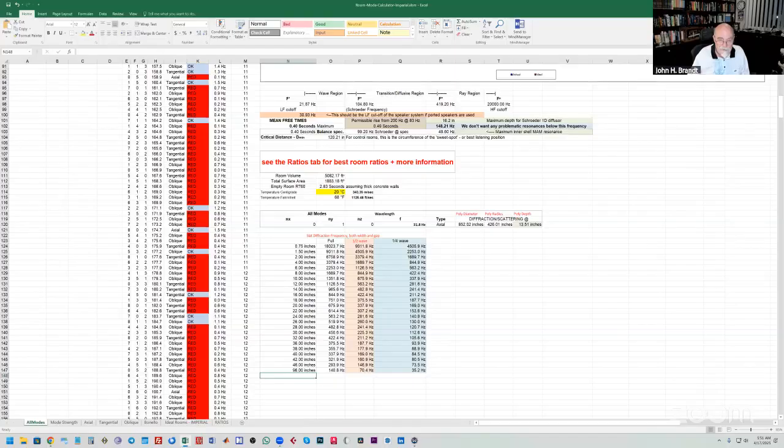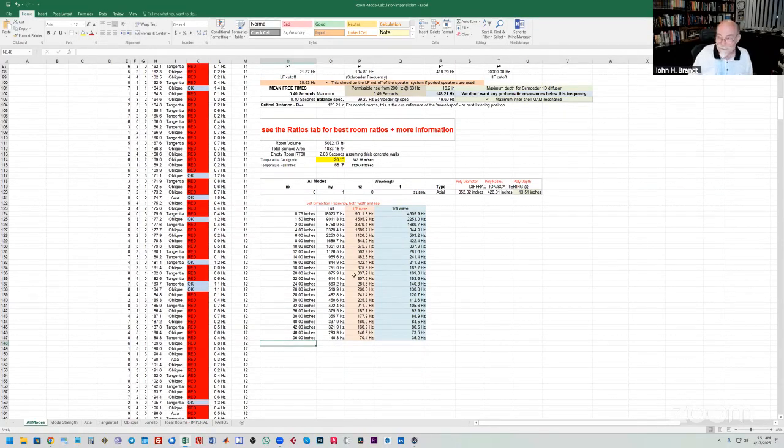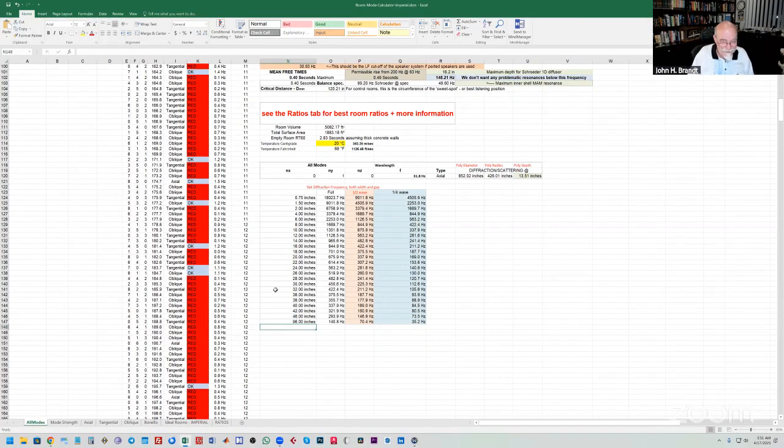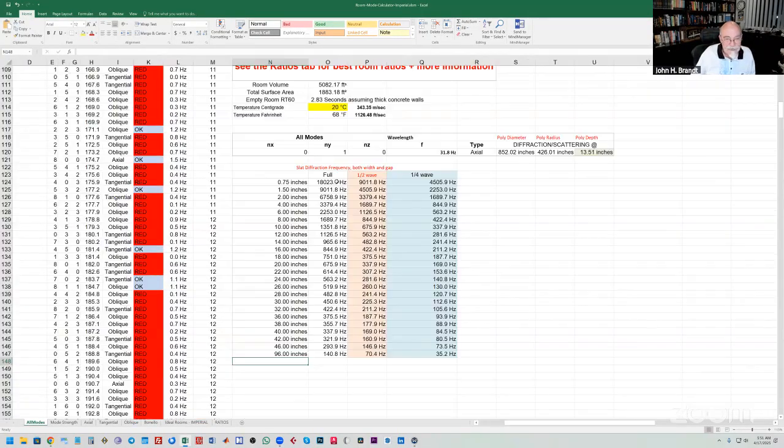Okay. Well, I'm going to share my screen here. Here's my little list. Say hello to my little friend. This has the calculations in it. Here's the full frequency. You take the speed of sound times the length or the width, and it's in inches, so it's divided by 12.